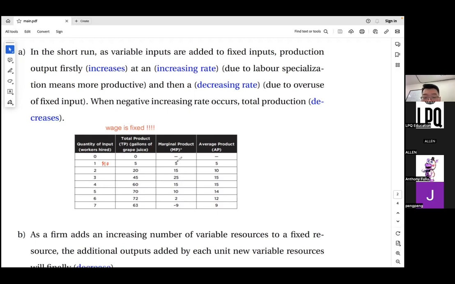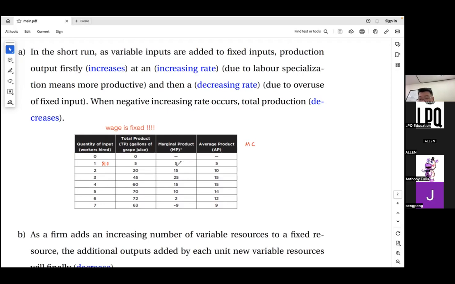To hire the first unit of labor, you pay $10. And the MP is 5. That means we just add one more column, called MC. So averagely speaking, what is the additional money you need to pay for these 5 units between 0 and 5?